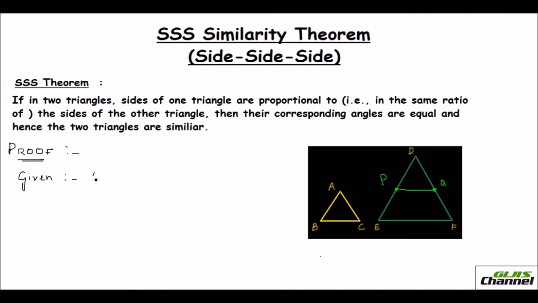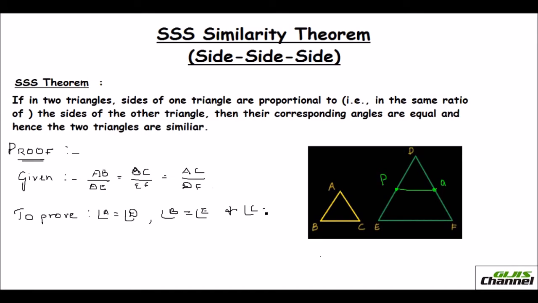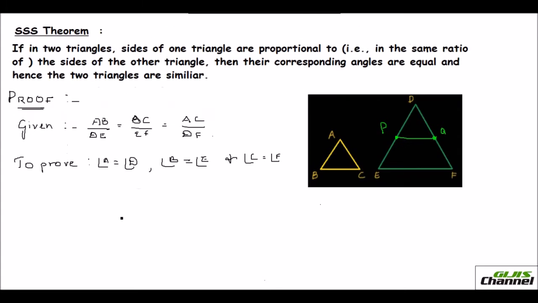AB by DE is equal to BC over EF, and finally you have AC over DF. So this is what is given. We need to prove angle A is equal to angle D, angle B and angle E are equal, and angle C is equal to angle F, right? Okay, let us see how to prove this.